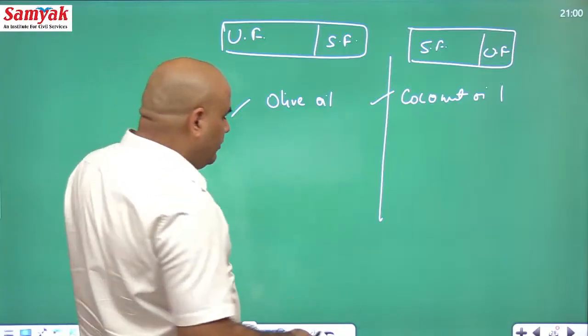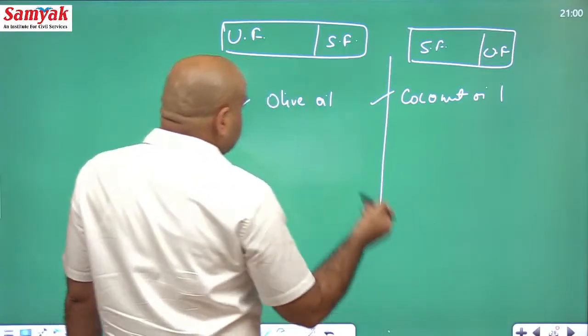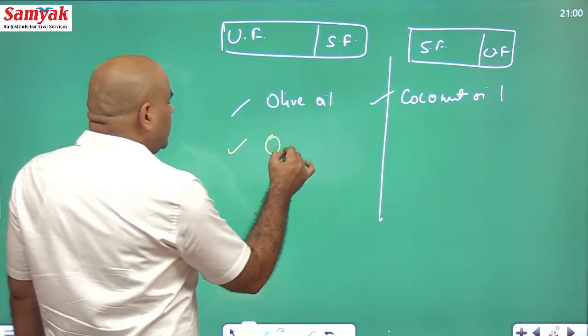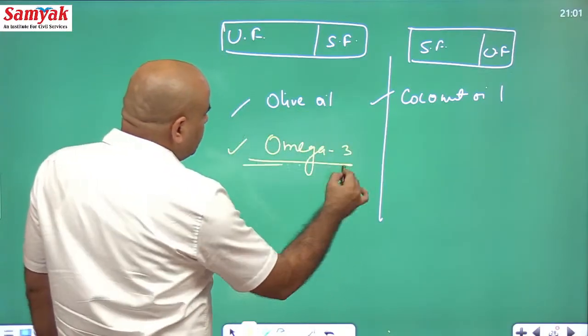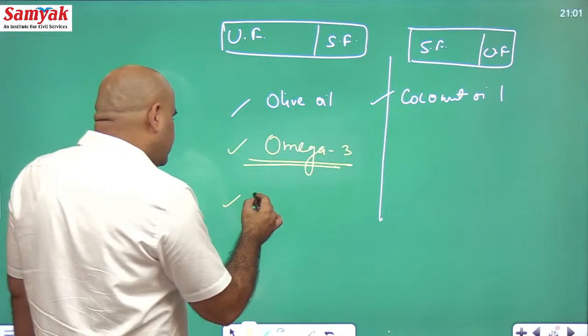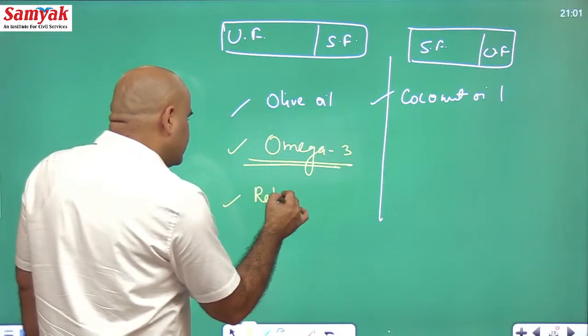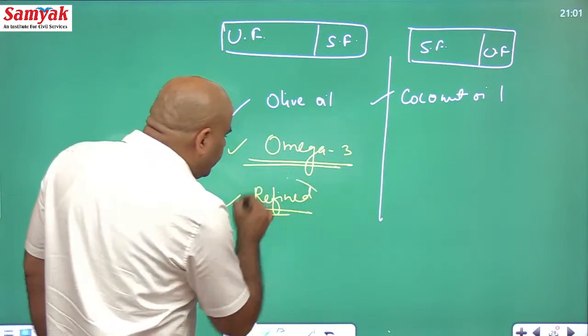Now, one more thing you have to remember is that other than olive oil, there are many good fats. For example, omega-3 fatty acids, they are good fats. Then they can ask you about refined oils. Now, what refining is done there?